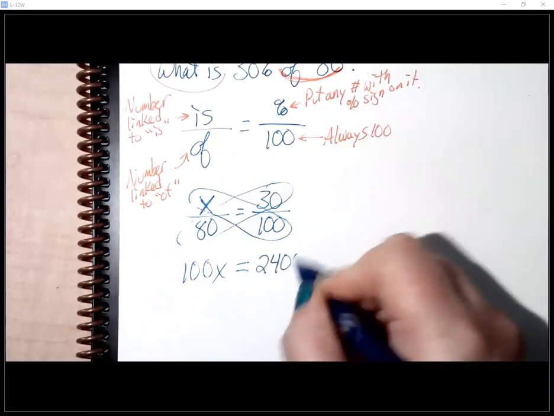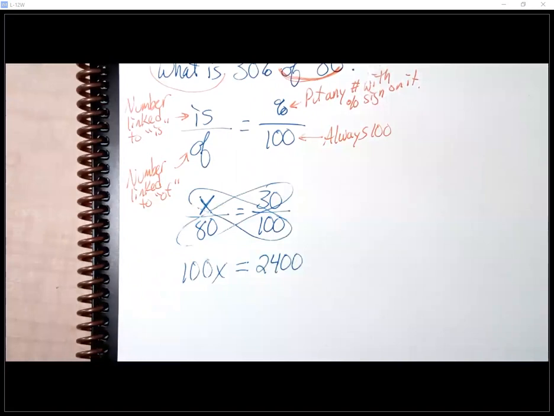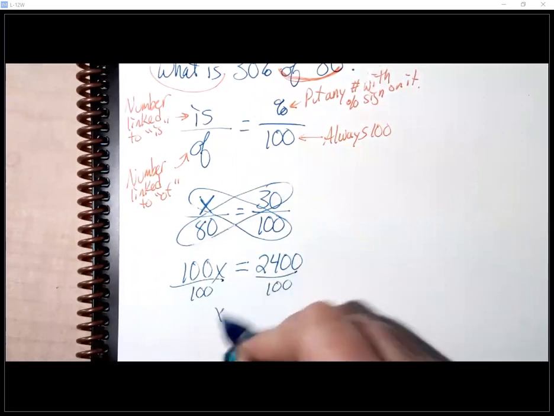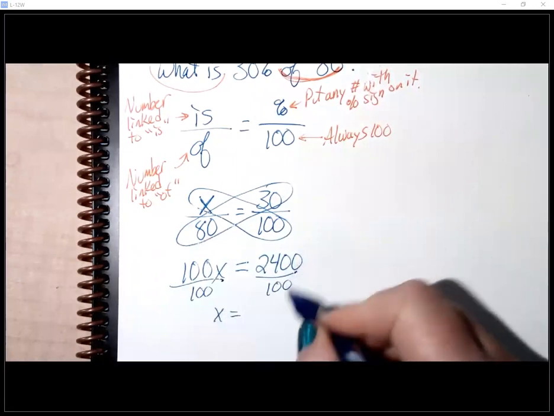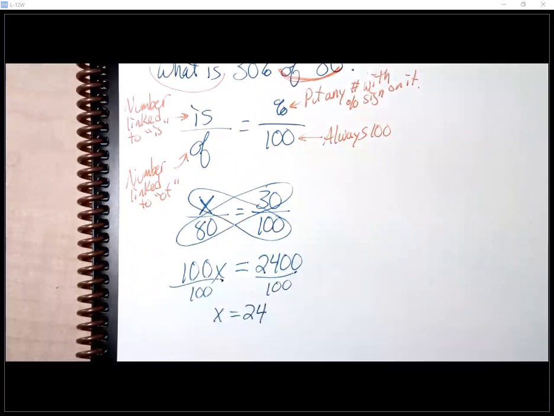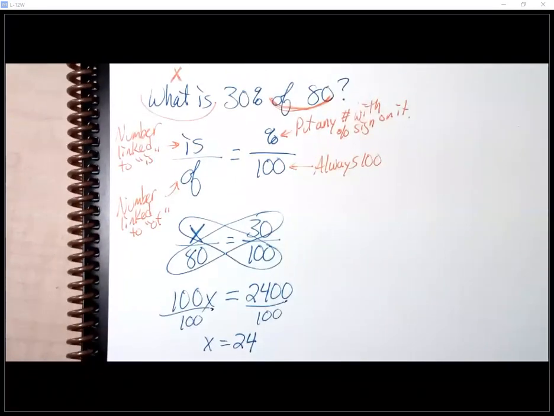And now all I have to do is, exactly, divide both sides by 100. And that tells me, if I divide that by 100, I get 24. So what is 30% of 80? 24. 24 is. So if I were shopping and I wanted to buy something that was $80, but it was on sale 30% off, boom, that means I'm going to save $24.